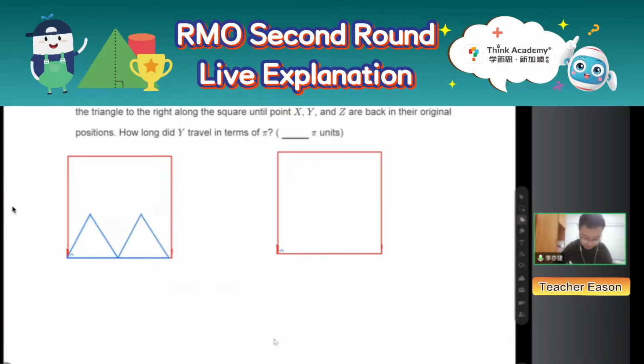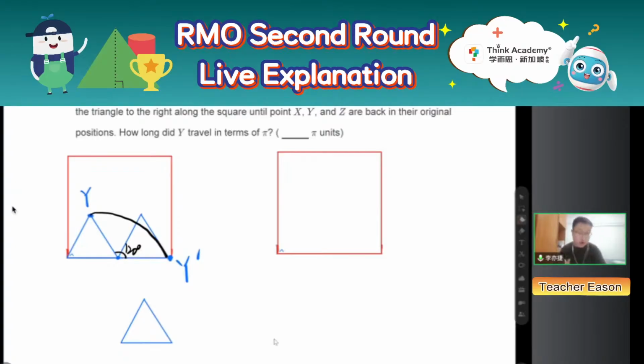So now the first rotation comes in this place, and during this process, you will see that the point y goes here. That's the y prime, right? So the rotating center is here, and the rotating angle is 120 degrees.